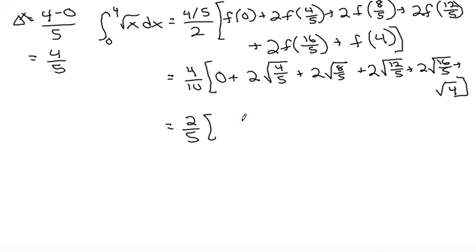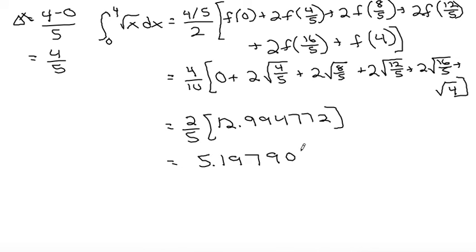I get that to be 12.99472 times my 2/5. I'll just keep that number in my calculator, multiply by 2, divide by 5, and that gives me 5.197909.